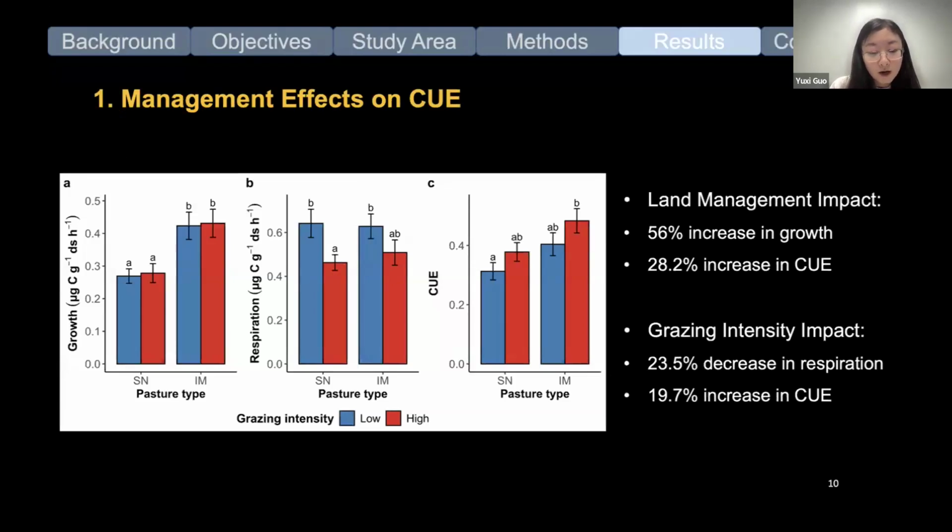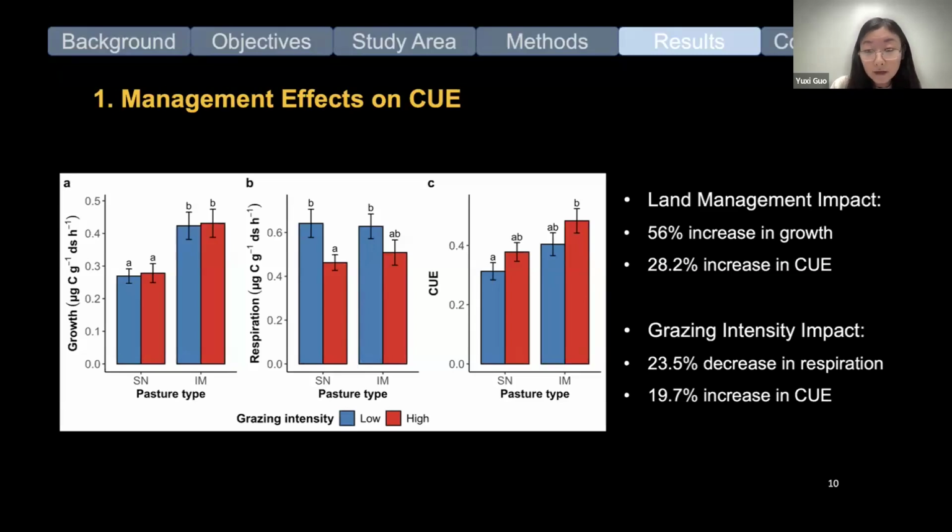These bar plots show us how land management intensity and cattle grazing intensity affect microbial carbon metabolisms. In each panel, the left 2 bars represent semi-native pastures, and the right 2 bars are from intensively managed pastures. Looking from left to right, we can see the effects on microbial growth rates, respiration rates, and CUE.